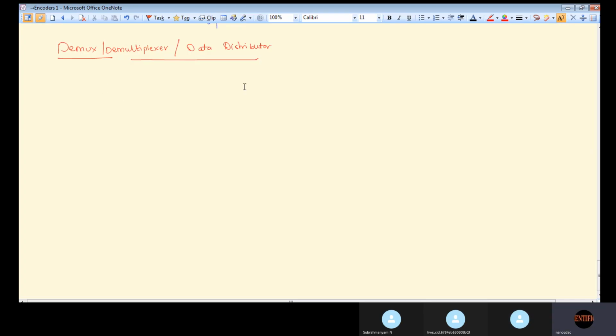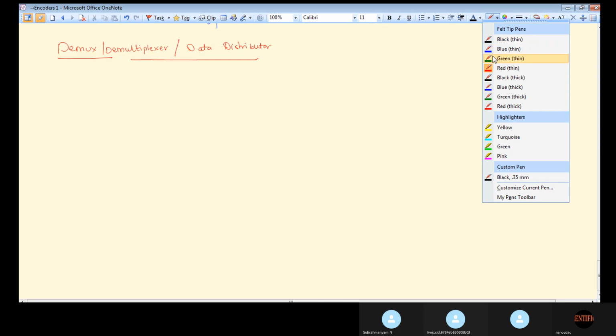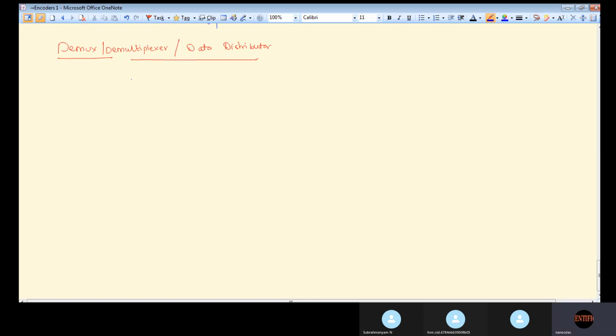Okay, so see here, for a demultiplexer we can have 1/2 DEMUX, 1/4 DEMUX, 1/8 DEMUX, 1/16 DEMUX, 1/32 DEMUX. Anything is possible. Okay, 1/2 anyone can do. 1/4 we will see.